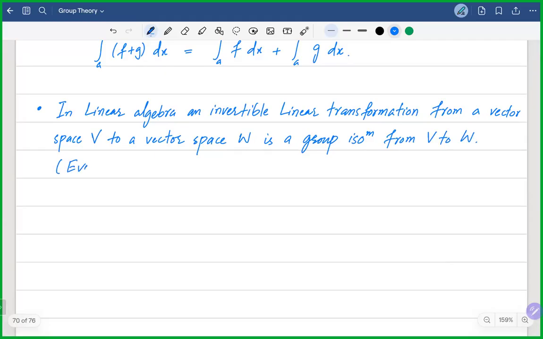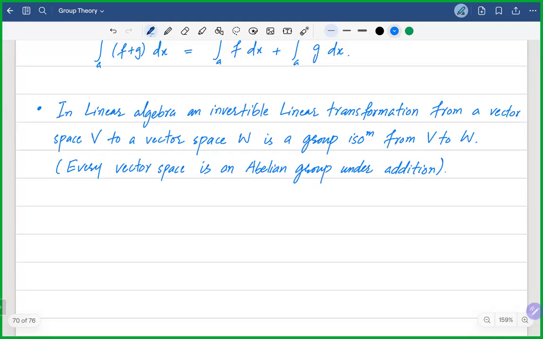Because every vector space is an abelian group under addition. If you take the properties of the vector space, you are actually looking at an abelian group sitting inside a vector space.